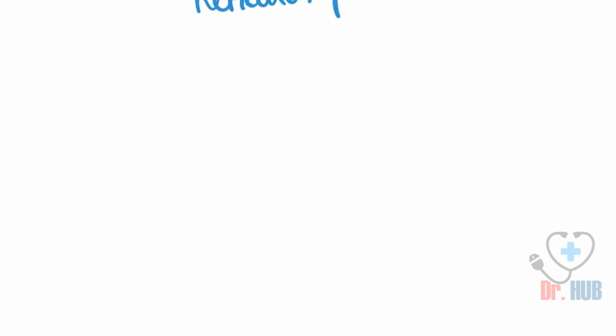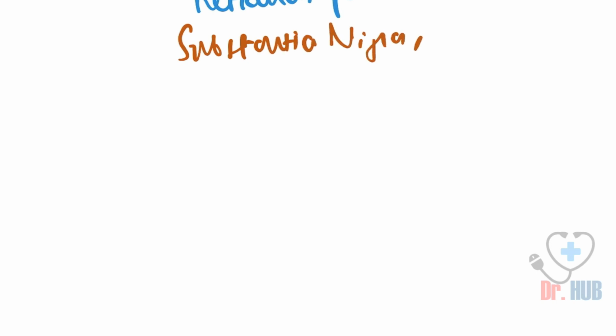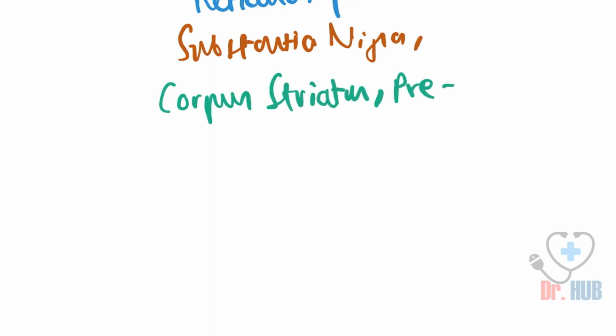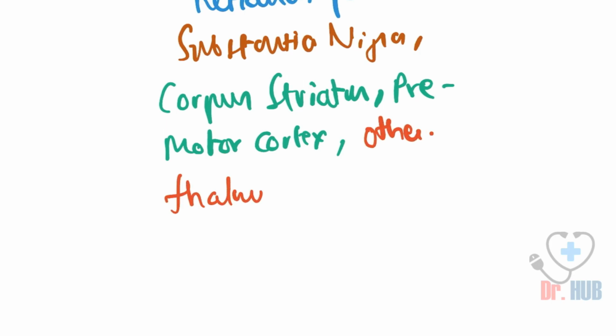It is also from the substantia nigra, the corpus striatum, the premotor cortex, as well as the other thalamic nuclei. So this is the input.